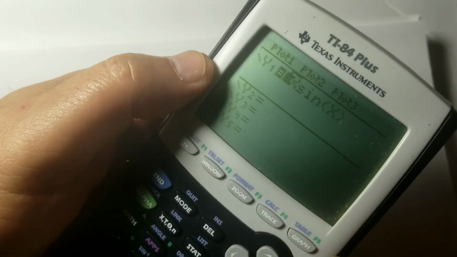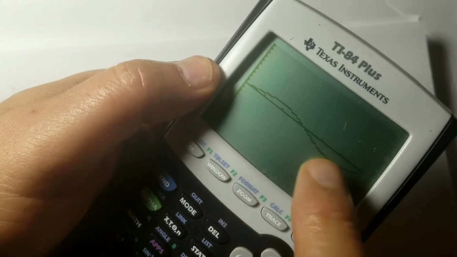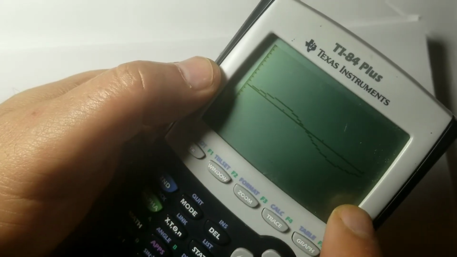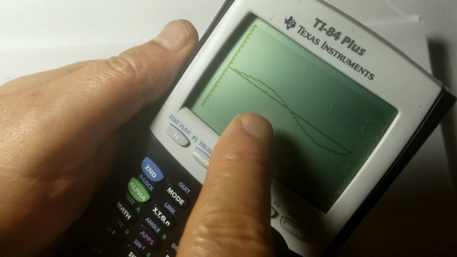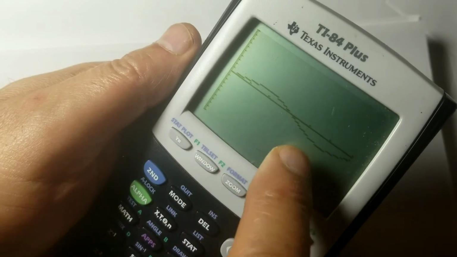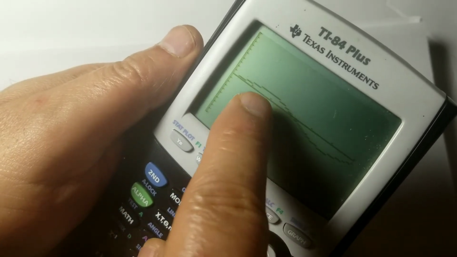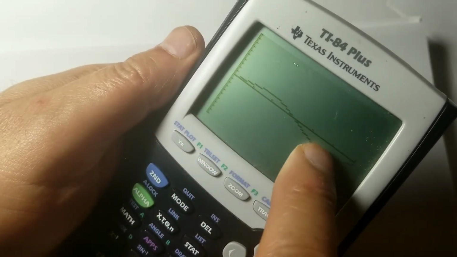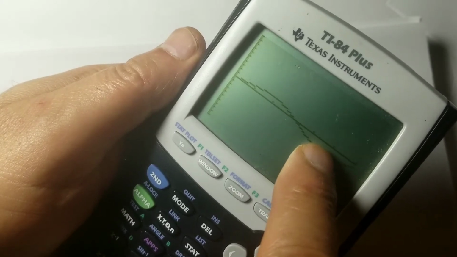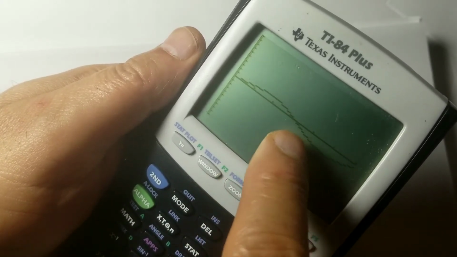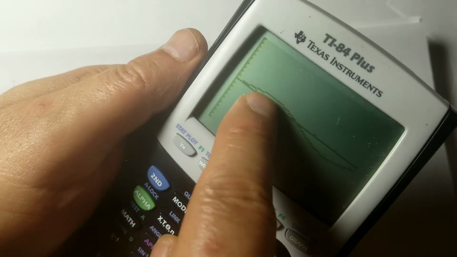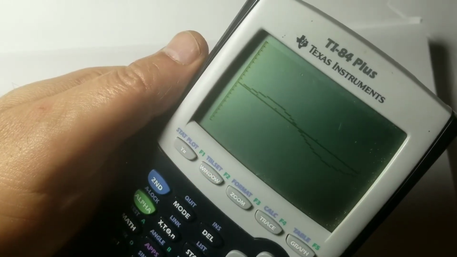Therefore, the number I picked is in my domain, but it crosses the x-axis at some point, and that's the reason for the area minus that area, and that's why you got a negative 0.5, because that area is bigger than that one, and the negative part is bigger.